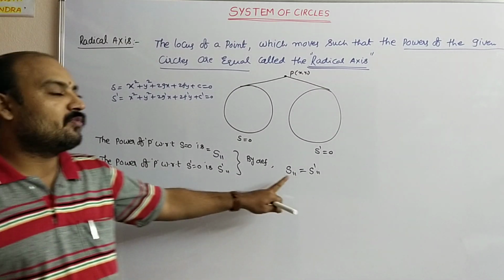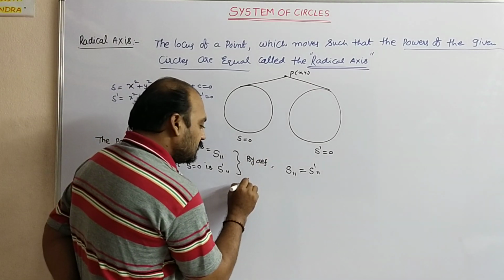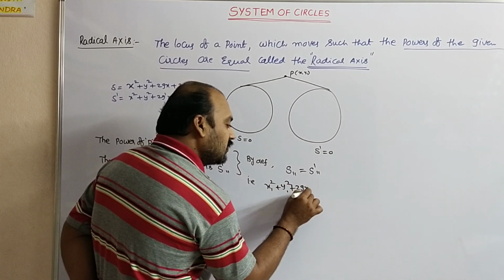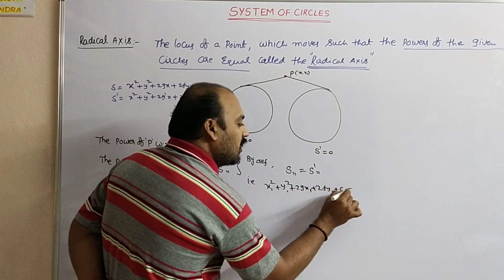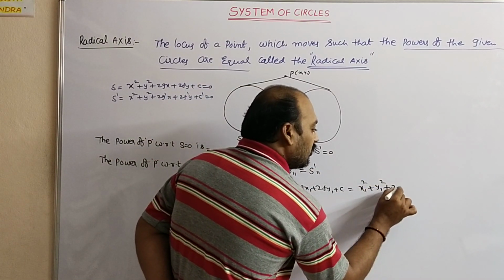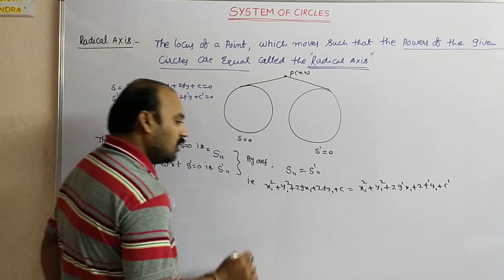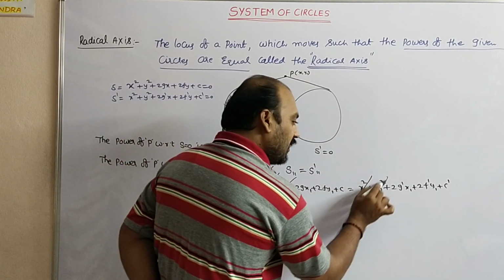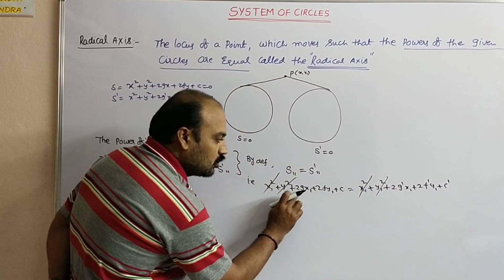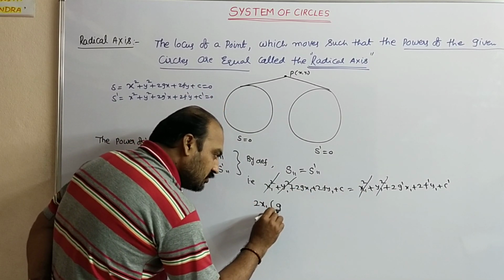S11 means wherever x, y is there, replace with x1, y1: x1 square plus y1 square plus 2gx1 plus 2fy1 plus c equals S dash 11, x1 square plus y1 square plus 2g dash x1 plus 2f dash y1 plus c dash. On both sides x1 square plus y1 square cancel. All these values I take to this side: 2gx1 and 2g dash x1, where 2x1 is common, so 2x1 into g minus g dash.